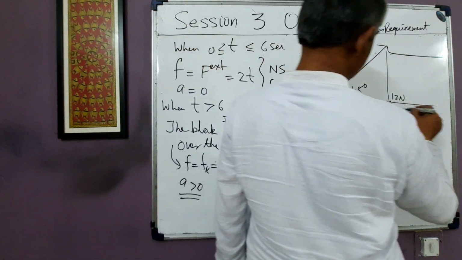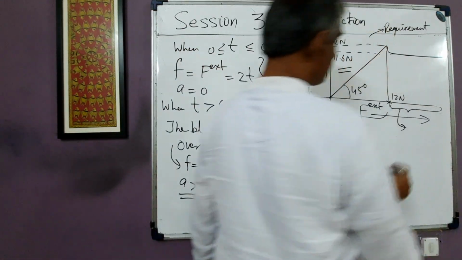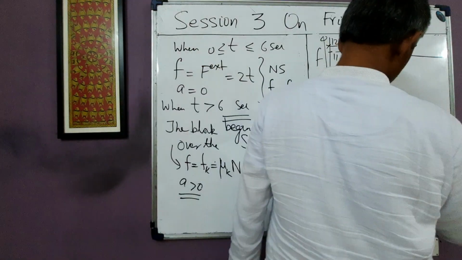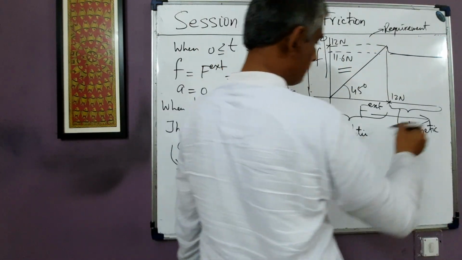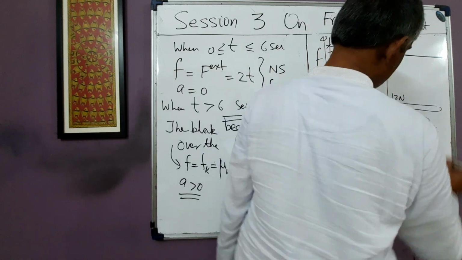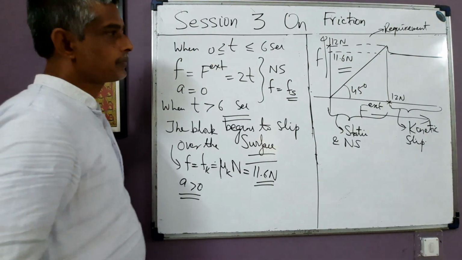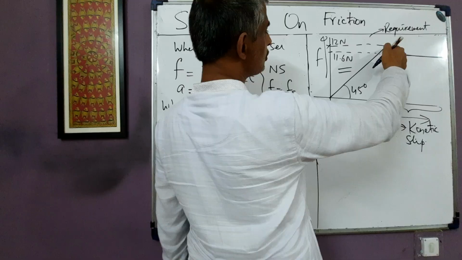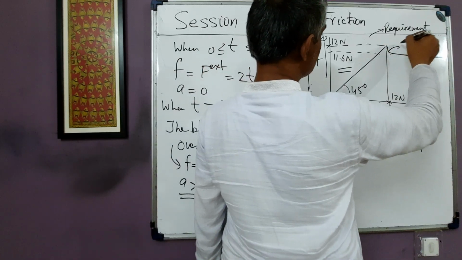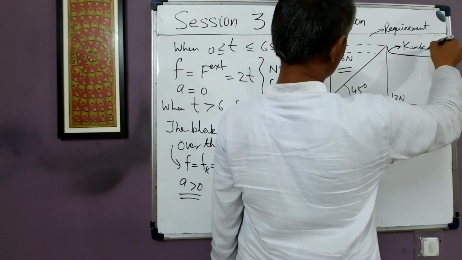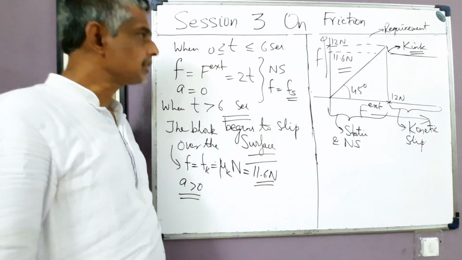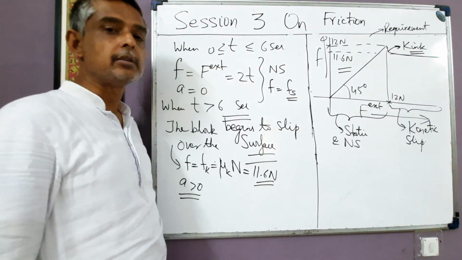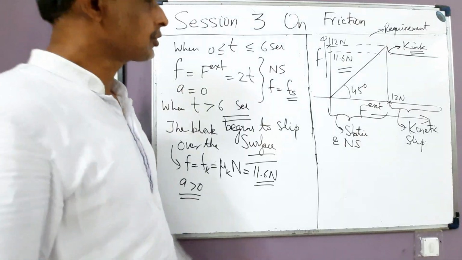When f external exceeds 12 Newton, the nature of friction becomes kinetic and slip begins to take place between the block and the surface. This marks a transition from static to kinetic. This is called the kink in the graph. So this is the usual behavior.